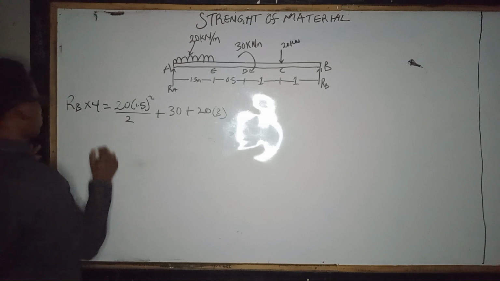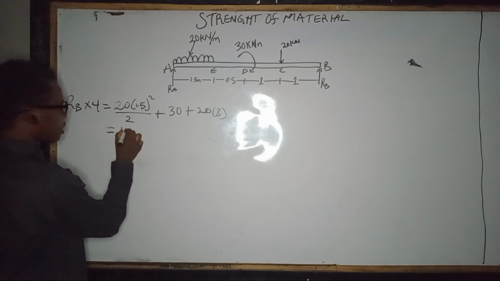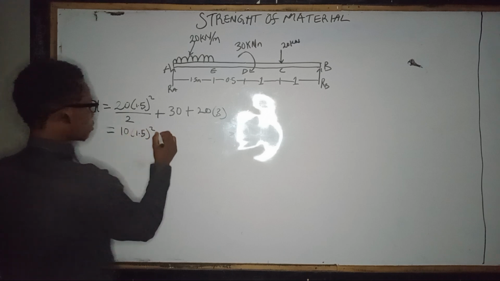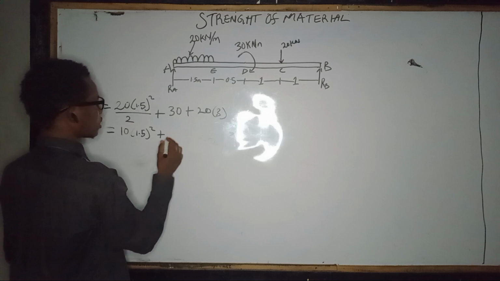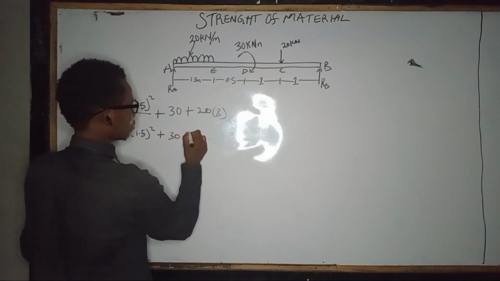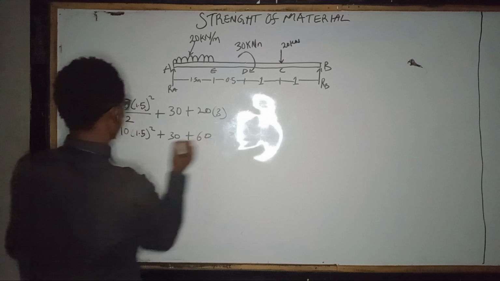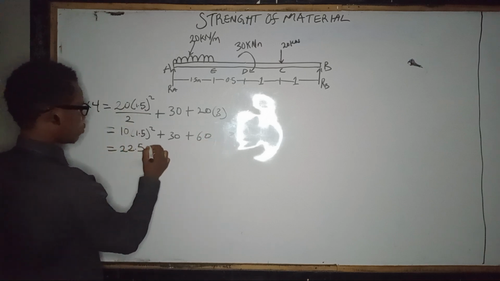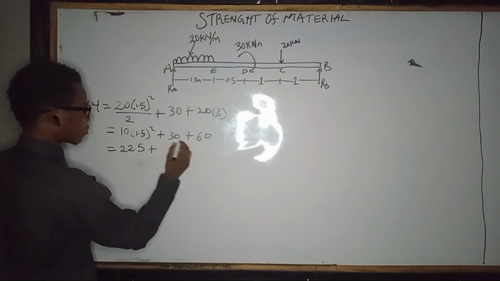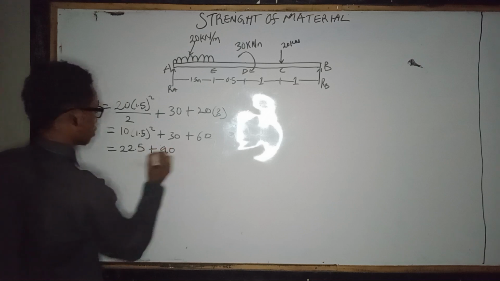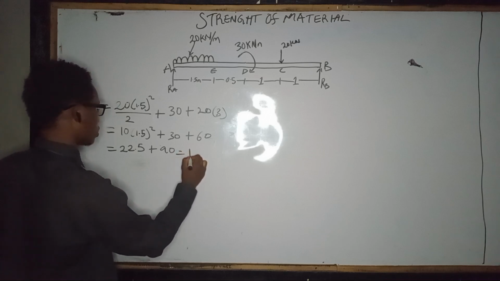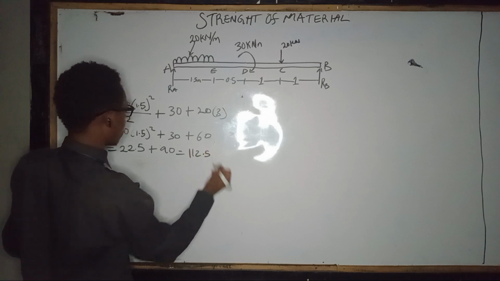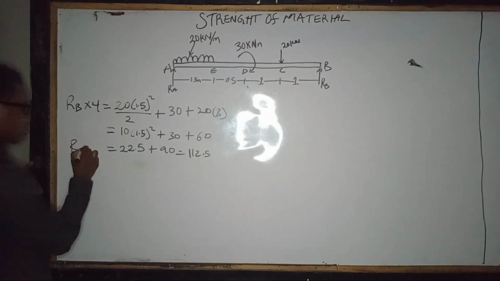So if we add them all up together, we have 10 times 1.5 squared plus 30 plus 60, which equals 22.5 plus 90, which equals 112.5. That is RB times 4.